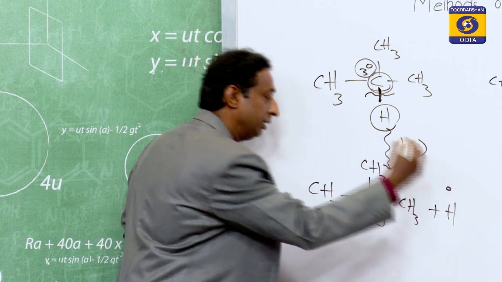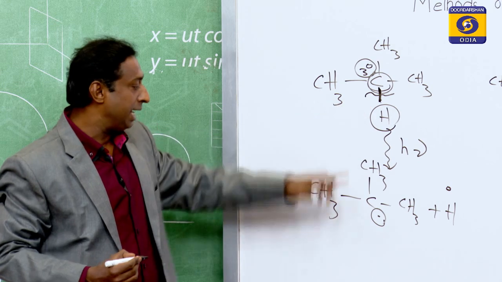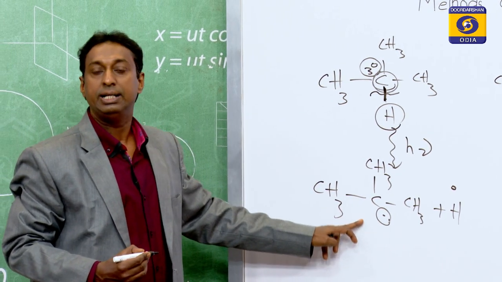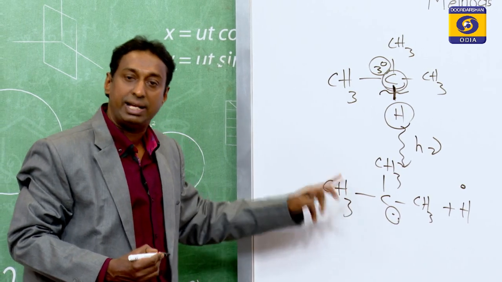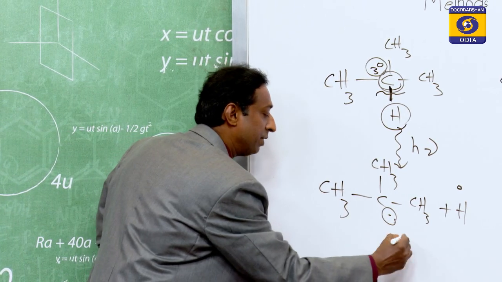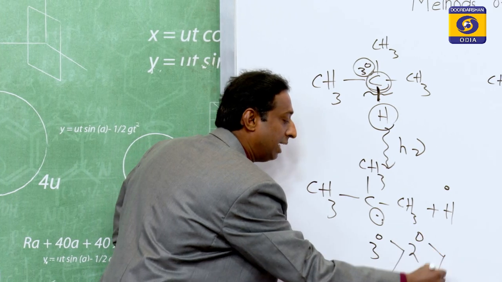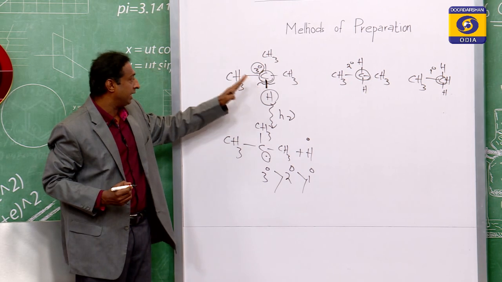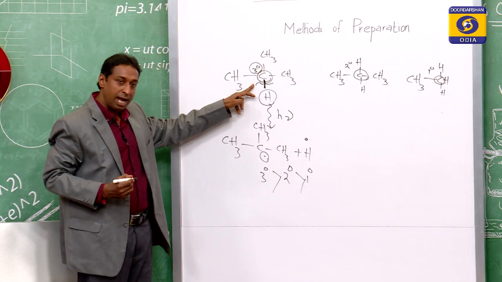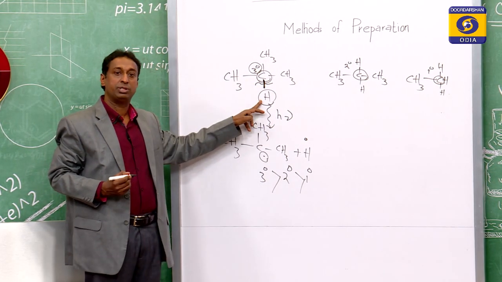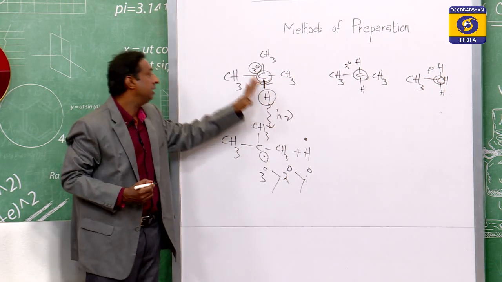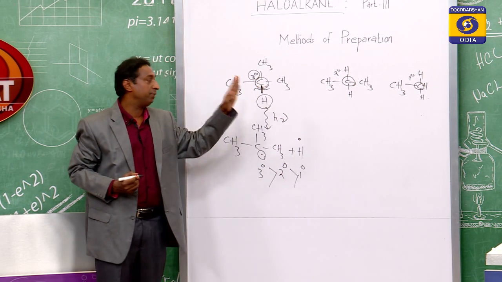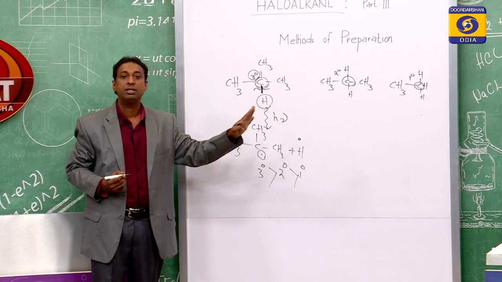This bond will break, and this is called a free radical, a 3-degree free radical. The 3-degree free radical is very stable, then the 2-degree free radical, then the 1-degree free radical. It means if it is a 3-degree carbon, then the abstraction of hydrogen from that carbon is easier. Therefore, this molecule will react faster in presence of chlorine and sunlight.